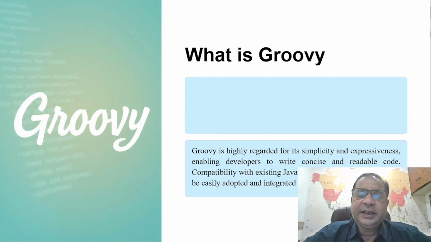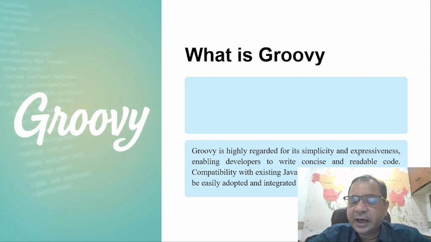So, as I told, what is Groovy? Groovy is highly regarded for its simplicity and expressiveness, enabling developers to write concise, reliable code. Compatibility with existing Java code means it can be easily adopted and integrated into Java-based environments. So if you have a Java-based environment, you can write Groovy code as well, and it will work.